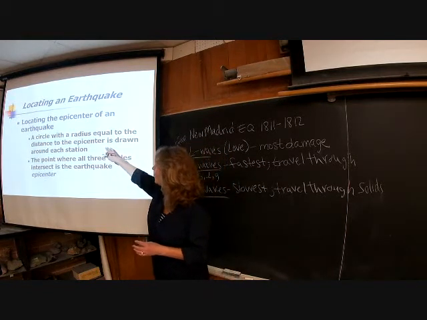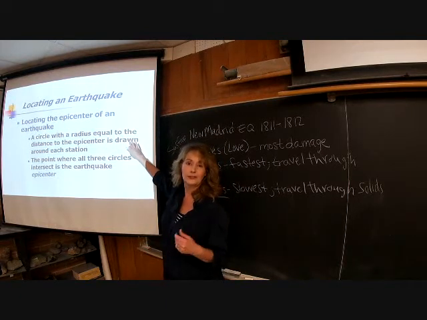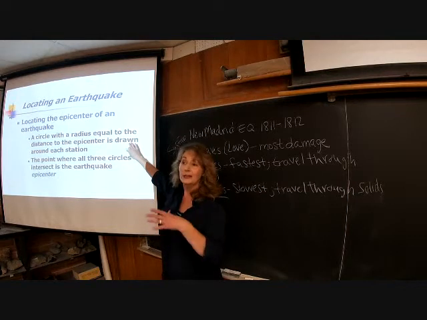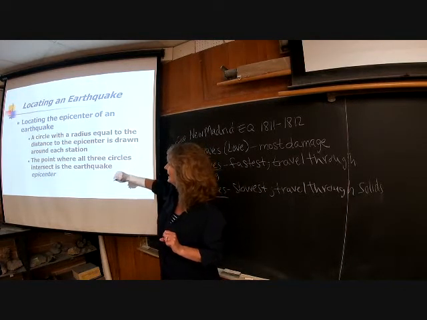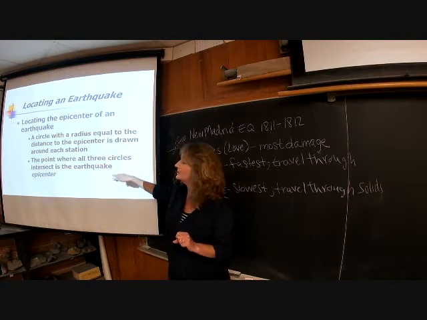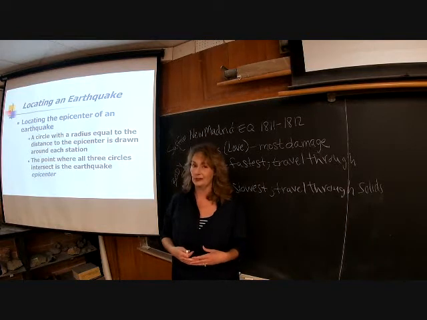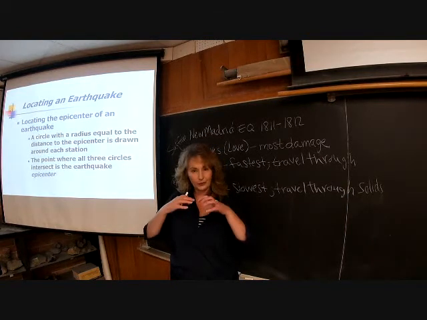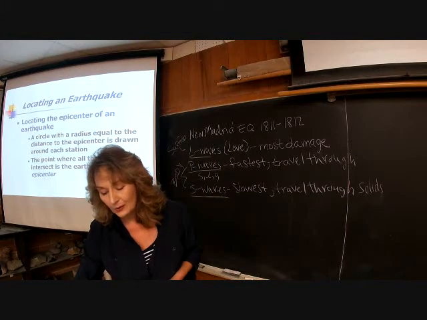So a circle with a radius equal to whatever those distances were. That first example was 3,500. The other 2 stations are whatever they're going to be, around each station. And the point where all 3 circles intersect is where the earthquake's epicenter is. So trilocating all 3 places. You need at least 3 seismographic stations in order to get that.